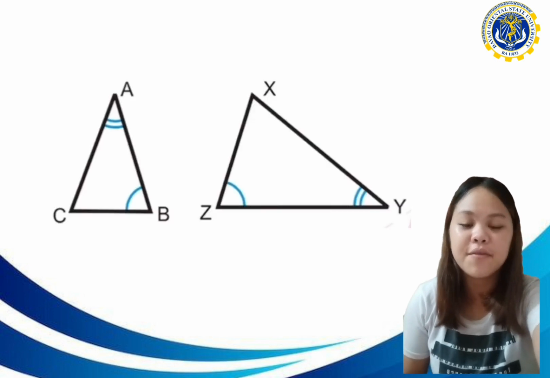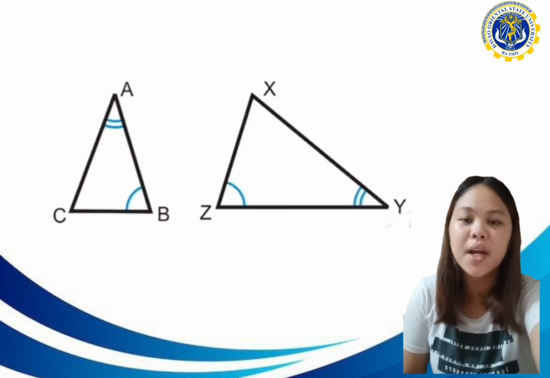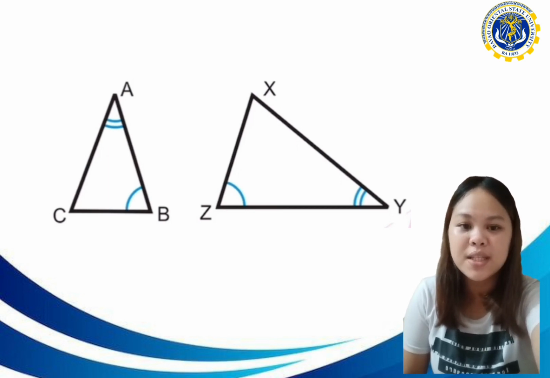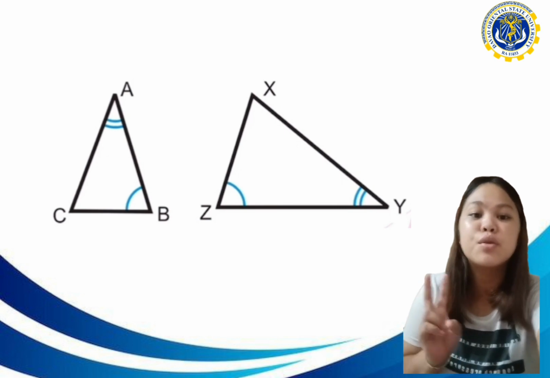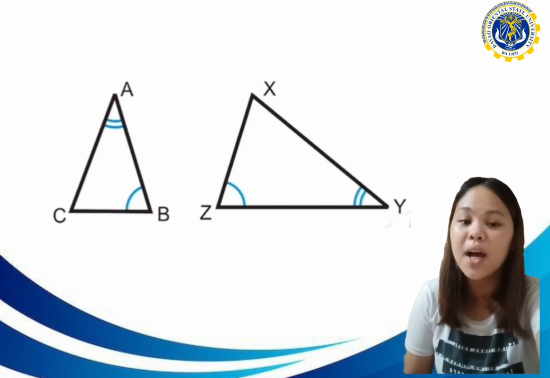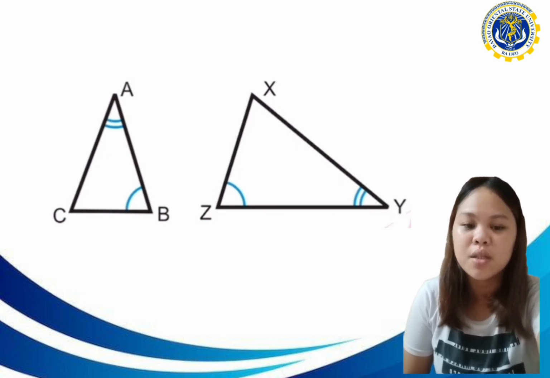In the interest of simplicity, we refer to it as the AA similarity postulate. The postulate states that two triangles are similar if they have two corresponding angles that are congruent or equal in measure.